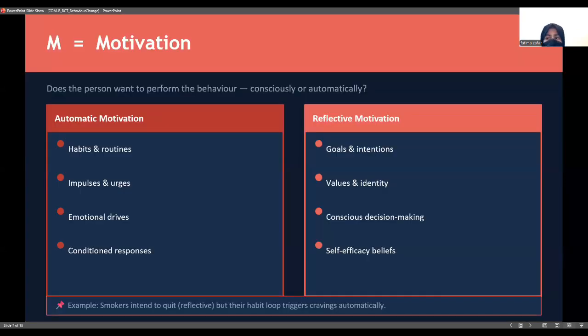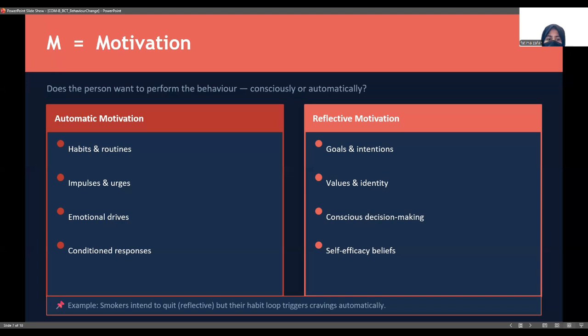Now we have motivation. What does it mean? Does the person want to perform the behavior? Do they have the will to perform it, consciously or automatically? Automatic motivation means habits and routines, impulses and urges, emotional drives, conditioned responses. Moving toward reflective motivation, it includes goals and intentions, values and identity, decision making, and self-belief.